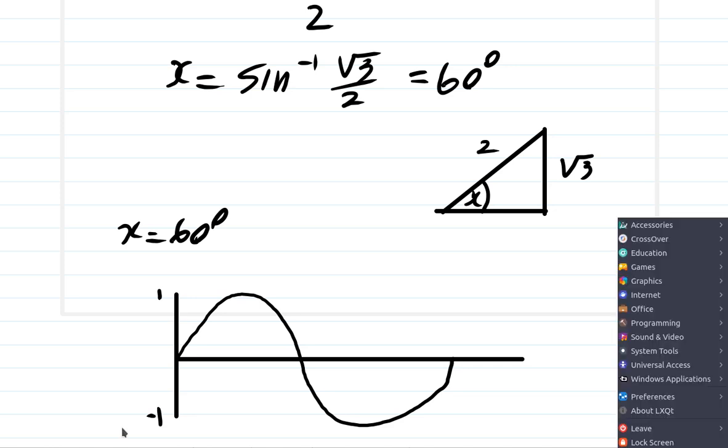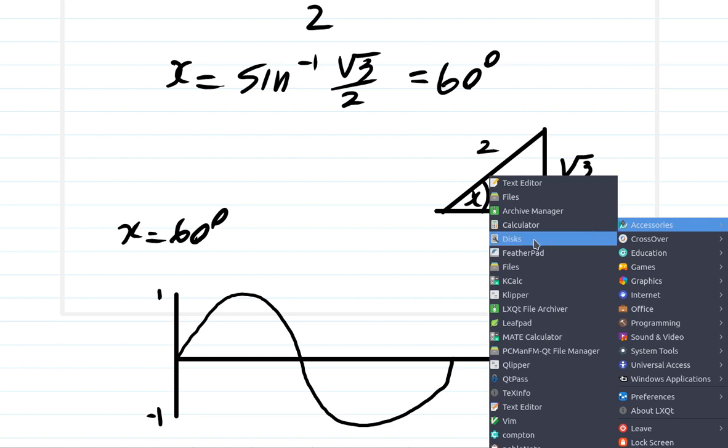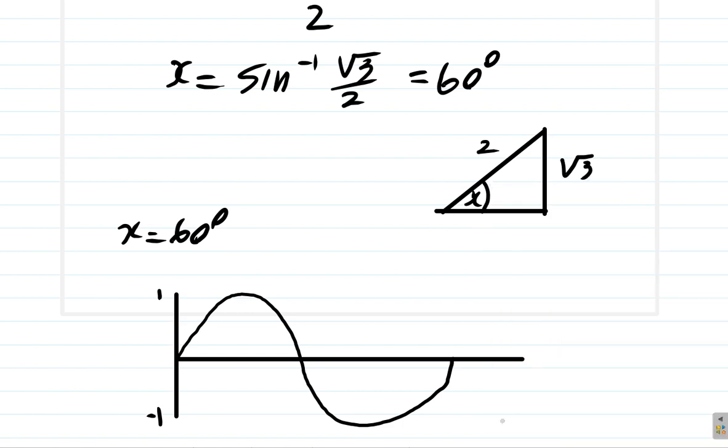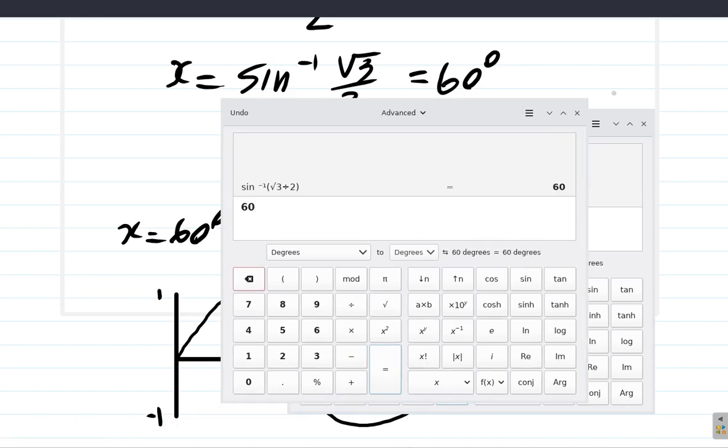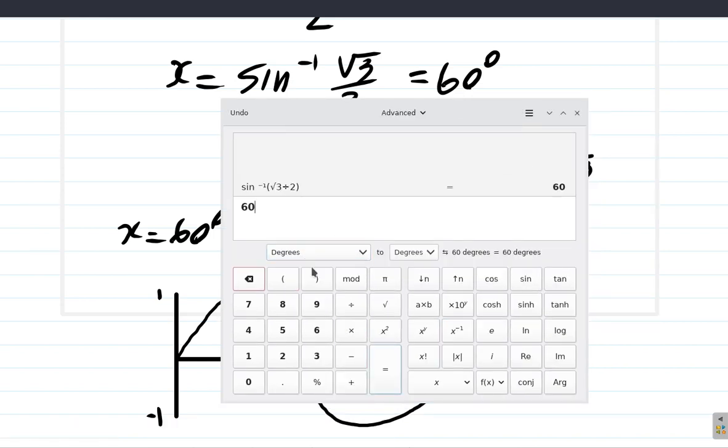As for the square root of 3 over 2, let's get the number. I think it's 0.866 or something like that. The square root of 3 divided by 2 equals 0.866, right? I was correct, 0.866.